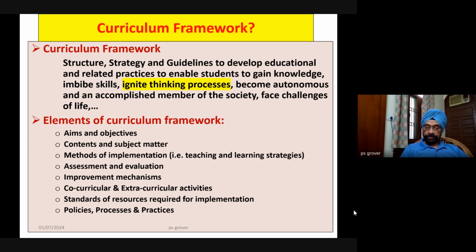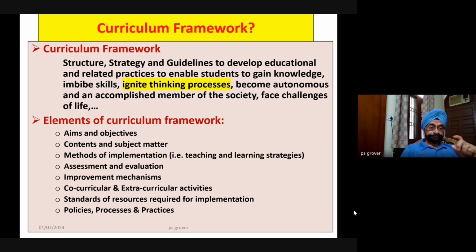They are important, but igniting their thinking processes and thinking skills is needed so that they become independent contributors to the society in the form of entrepreneurs and so on, and are able to face challenges in life.